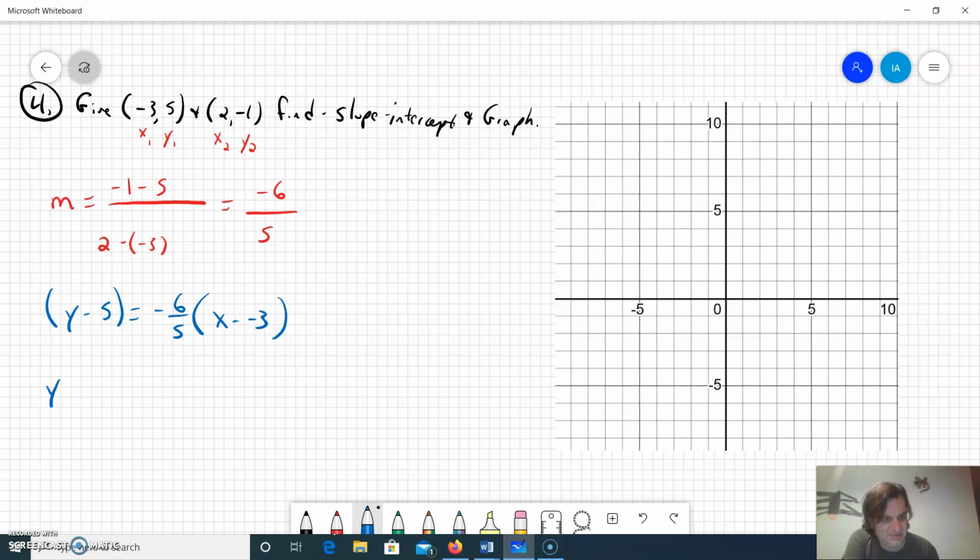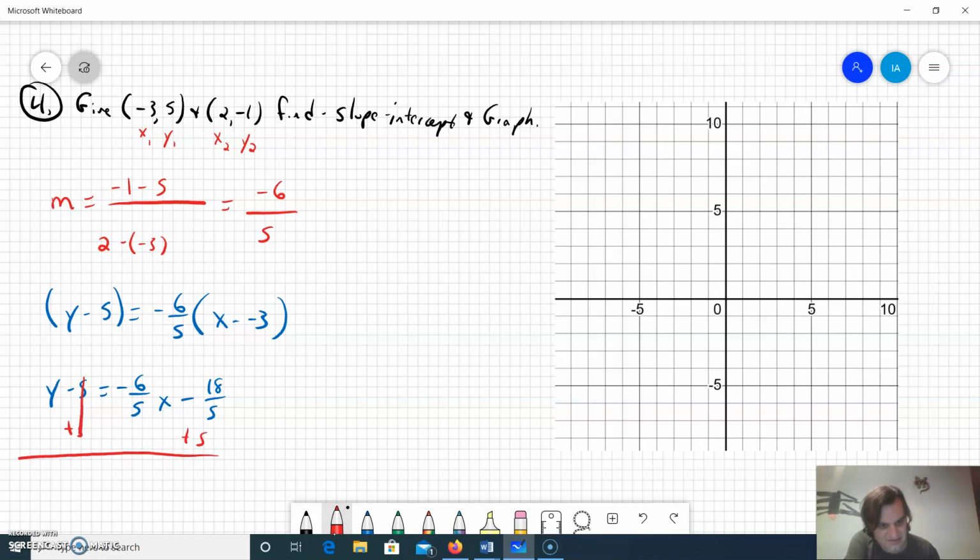If we clean up our signs, we'll have y minus 5 equals negative 6/5 x minus 18/5. Negative, negative, negative, still leaves a negative. So I will add 5 because I need to get the y by itself.